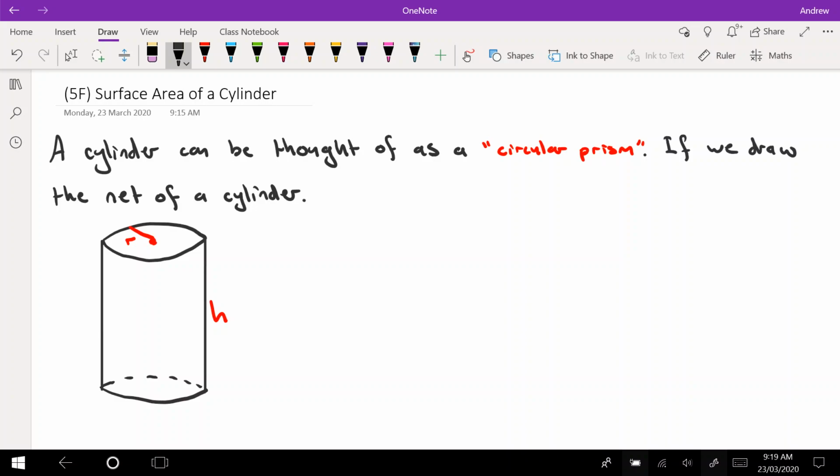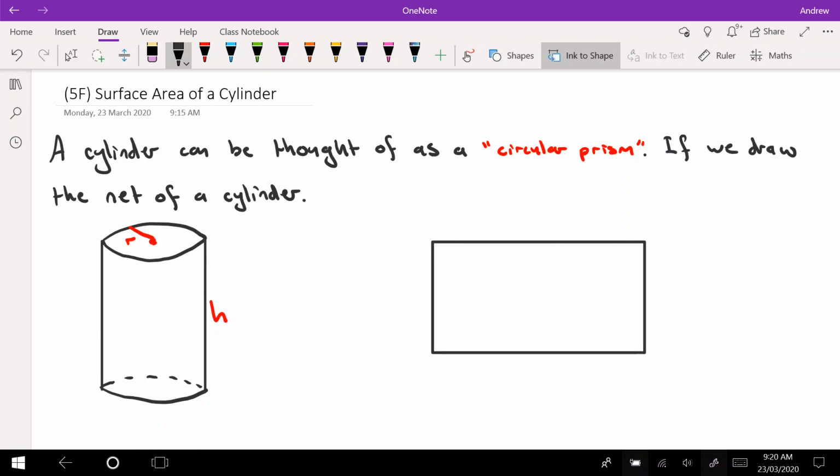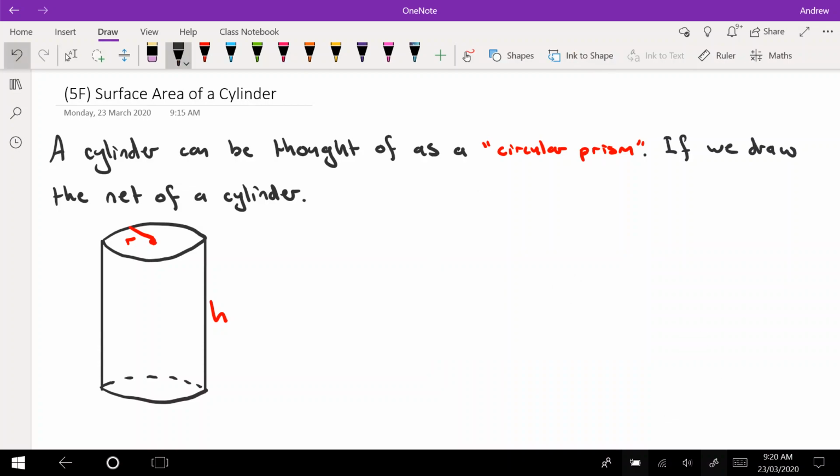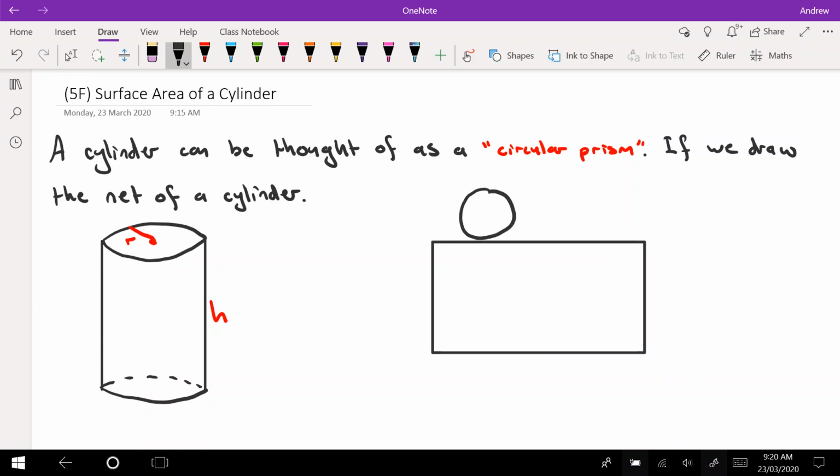And now we want to try and draw a net of that shape. So we're going to draw a rectangle, and then two circles at the top and the bottom.